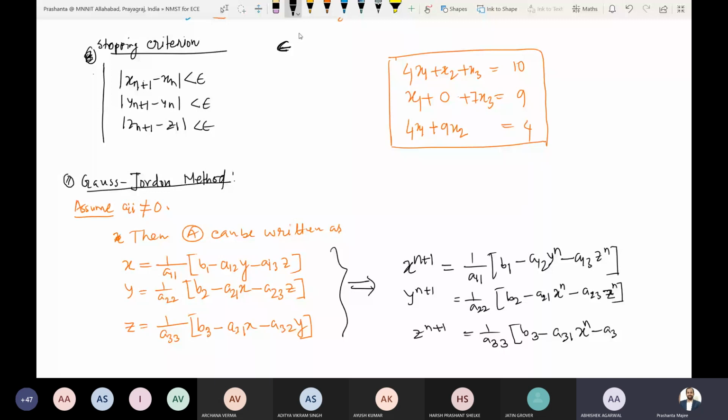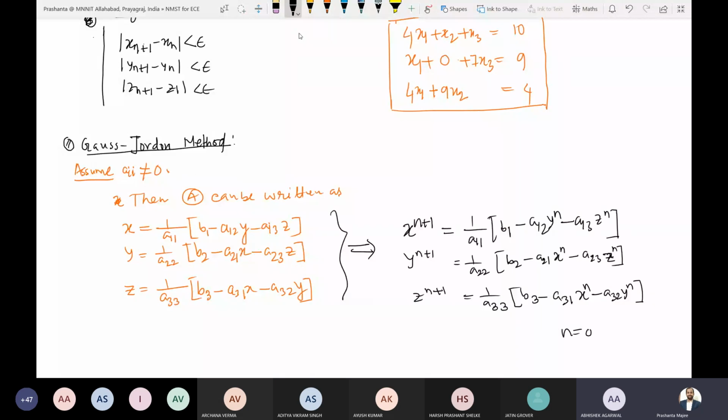And what will be n? n is 0, 1, 2, 3 and so on. So this is the scheme. It is known as the Gauss-Jordan method to find the solution of a system of equations.